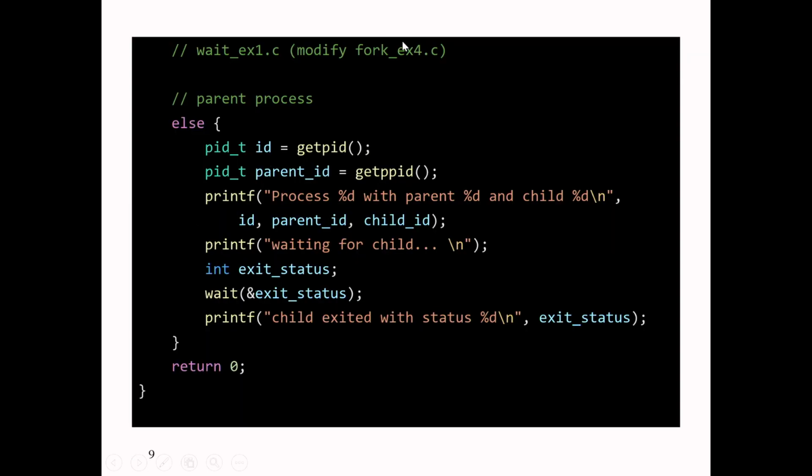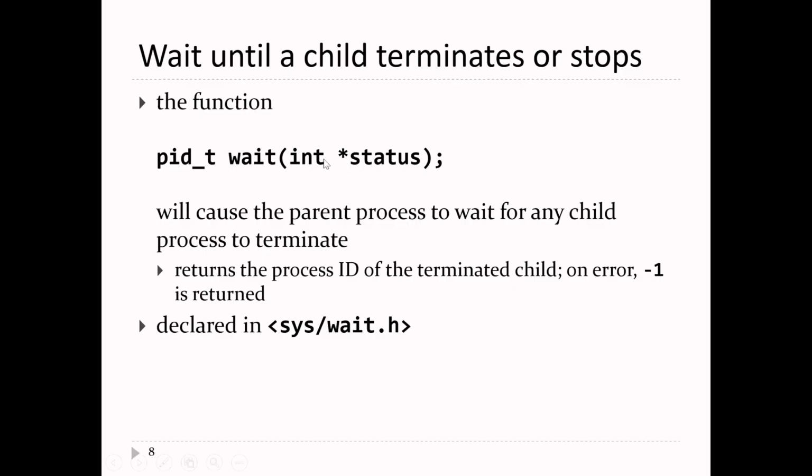So here's a modification of one of the programs, fork x1. Okay, so we're going to wait on a process now. Here, the parent just prints out a bunch of stuff, and then it waits on the child. So that's all it does. The status code gets written to whatever status points at.